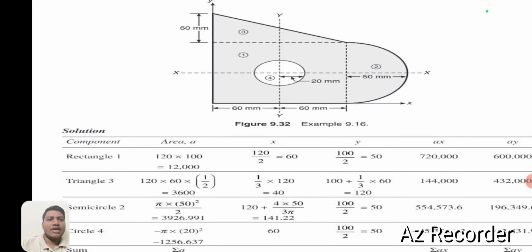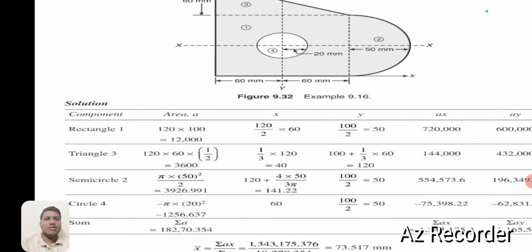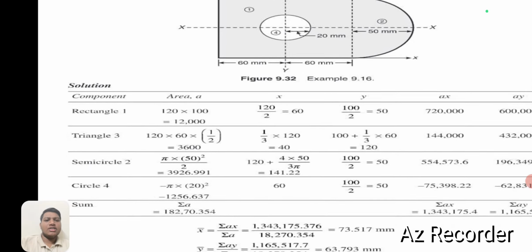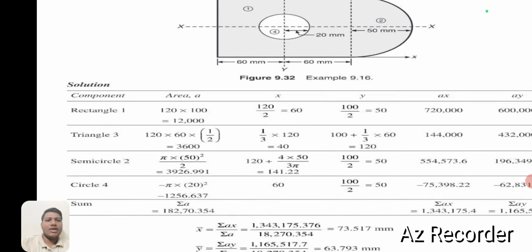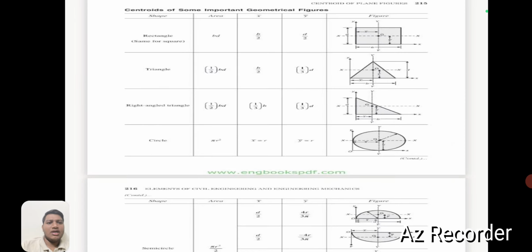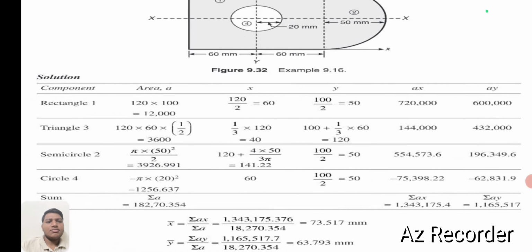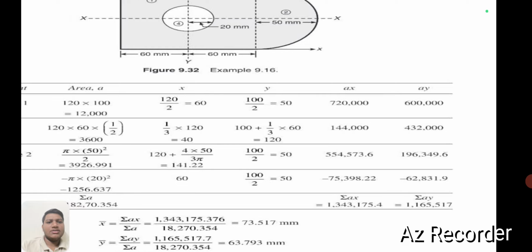And let us take the circle. To find the centroid of this given figure, we should subtract the circle from this figure, so it is minus pi into r square. The radius of the circle is 20, so pi into 20 square is minus 1256.637. The x for the circle is 60. The y is 100 divided by 2, that is 50.